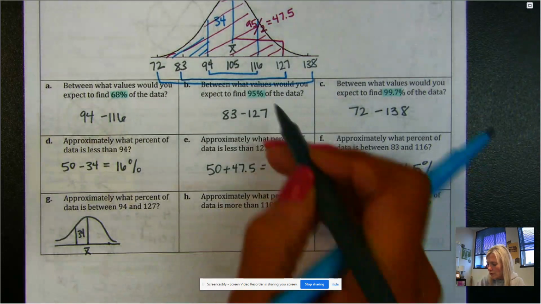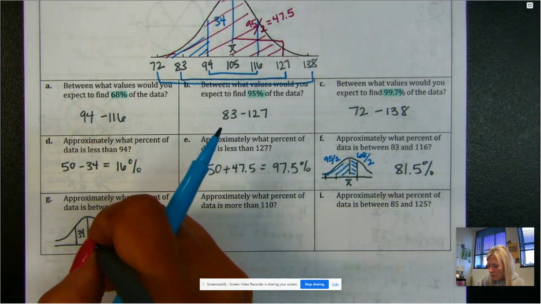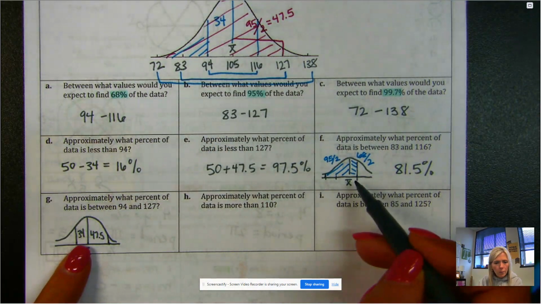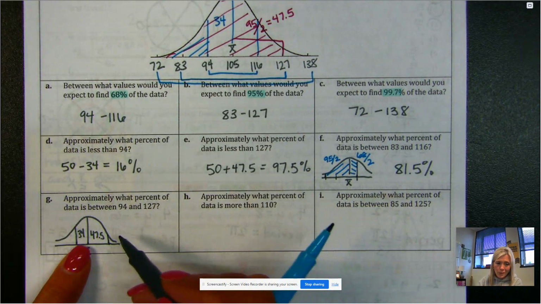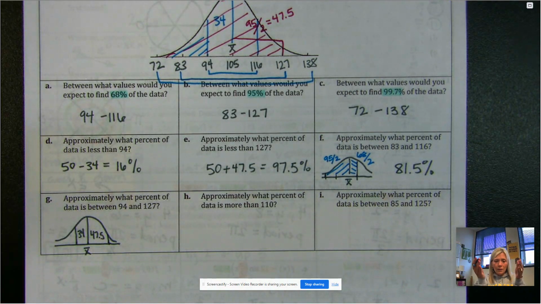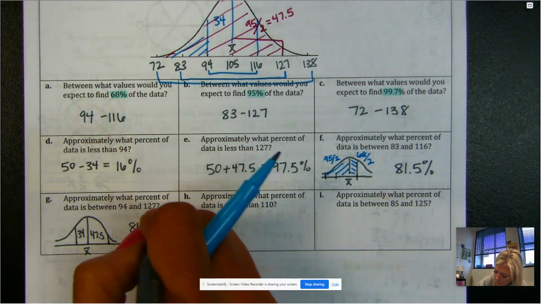And 127 is 2 standard deviations above the mean, so 47.5. We just found those 2 values in the problem before. It's just it was 1 to the right and 2 to the left. This is 1 to the left and 2 to the right. But it's going to be the same percent of data because it's using spaces that would have the same area. So 81.5% again.